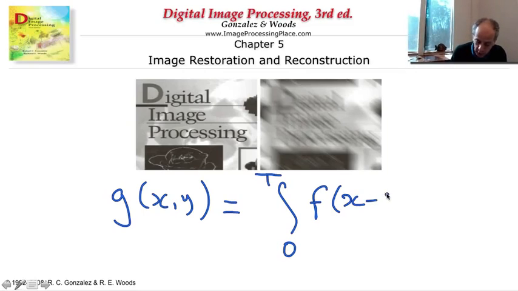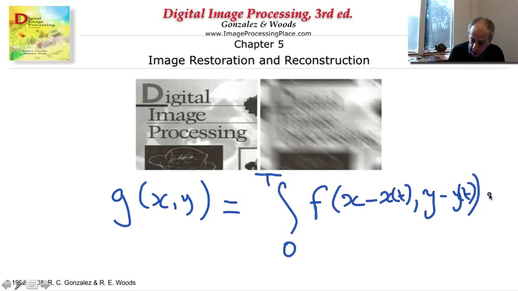So I can call that function of motion, let's say x of t, to write down that basically it's moving, and it's also moving in the y direction, y of t, and I'm integrating over t.